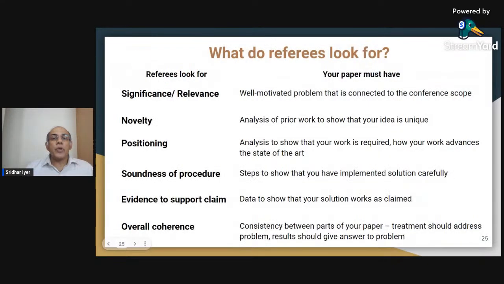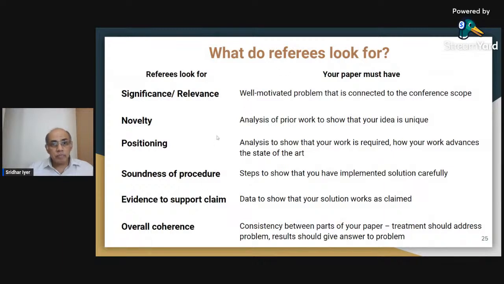What do they mean? Let us start with the conceptual ideas. What do referees look for in your paper? The first thing is relevance. Is this relevant to this conference at all? And is it well motivated? Is this problem significant enough to be discussed in the conference?